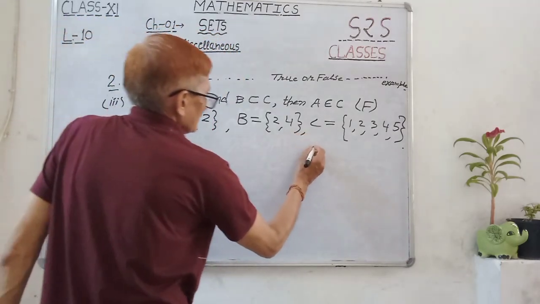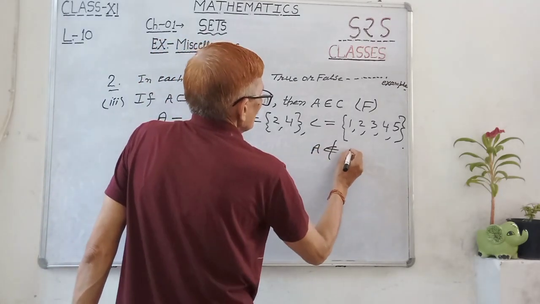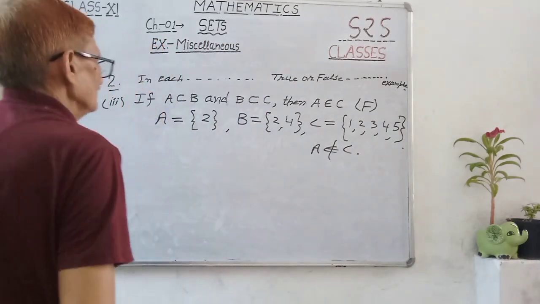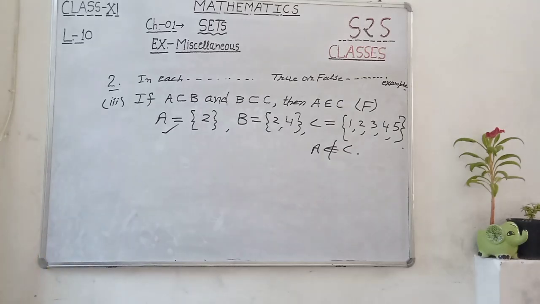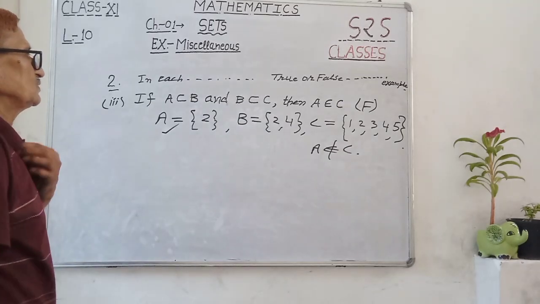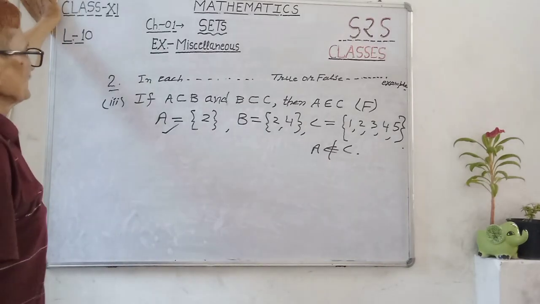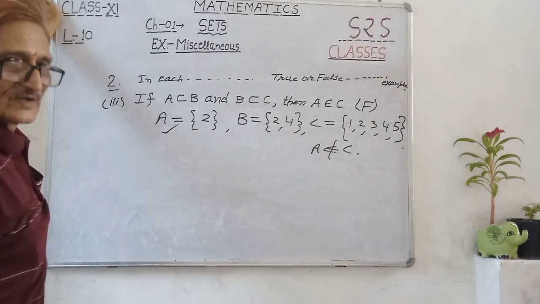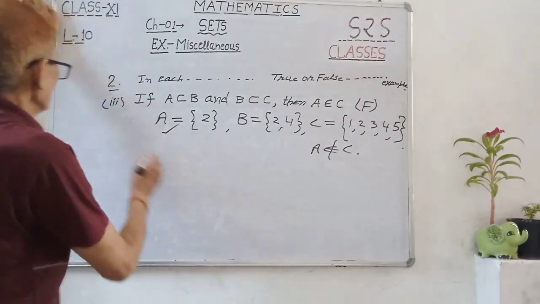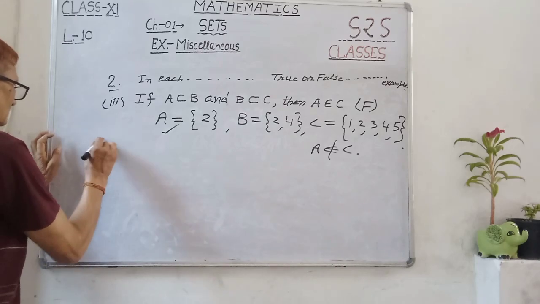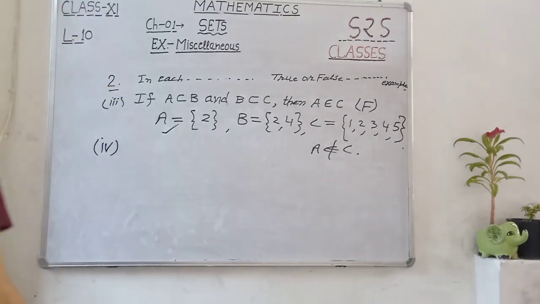We can say that set A does not belong to C. A is the subset of B, B is the subset of C. Fully B we can take, the same we can take different, so it is false. In every situation it must be true. That's why it is false.